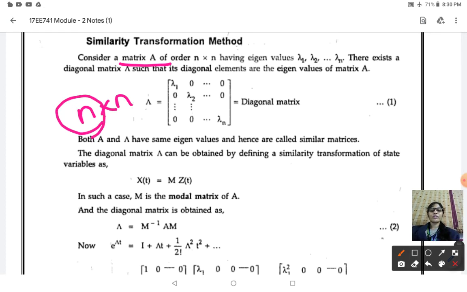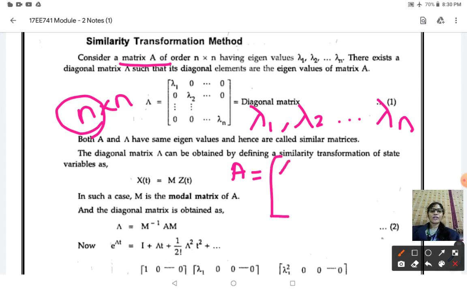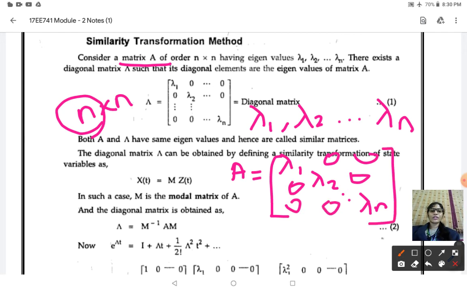According to that, we will get the number of eigenvalues, that is lambda 1, lambda 2, and it goes on till lambda n. If A is going to be a diagonal matrix, then you will get the diagonal entries as lambda 1, lambda 2, till lambda n, and all the rest of the places will be equal to 0.